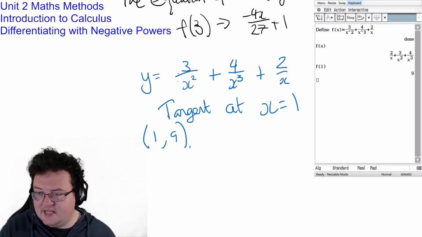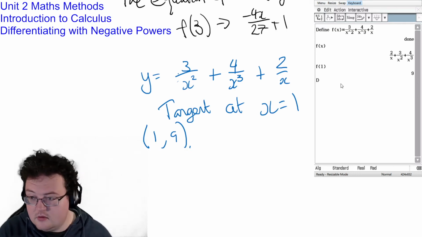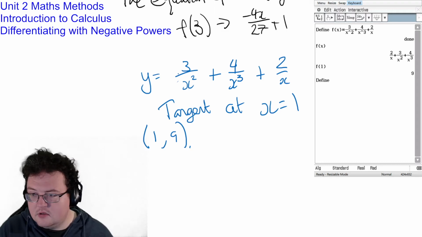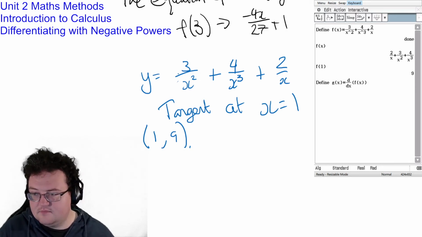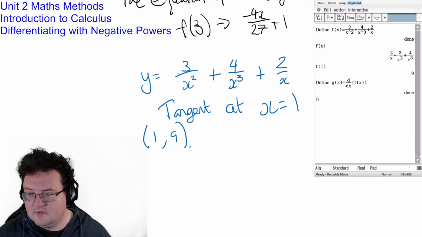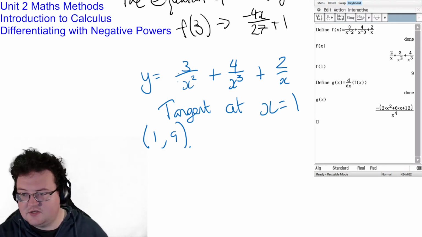Now, back on the CAS, we're going to define a new statement. We're going to define g of x is equal to, under Math 2, d dx, and then we're just going to type in f of x. Hit enter, and then we're going to ask it for g of x.